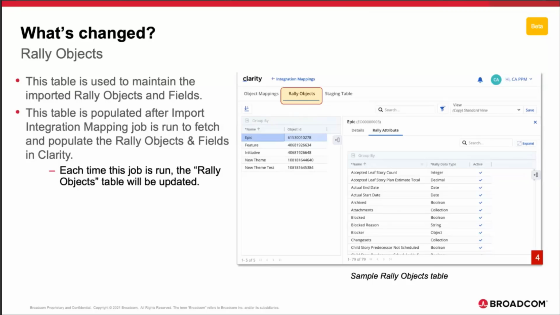This read-only information helps the user map Clarity to Rally objects and their associated stock and custom fields without network or connection displays and delays. In other words, when I get into the mapping section, the drop downs are pulling from this area, so it's not having to go across the wire and come and get the data. Okay.